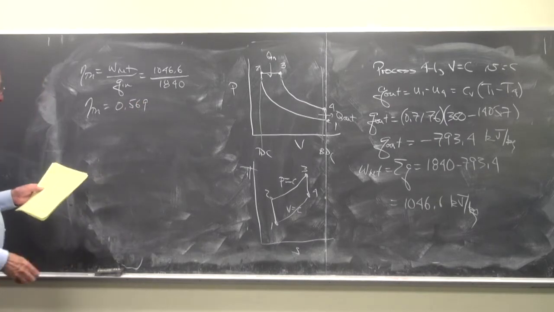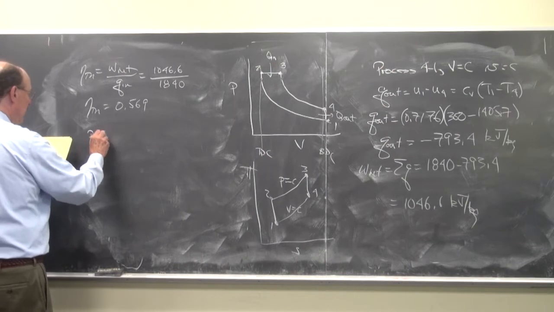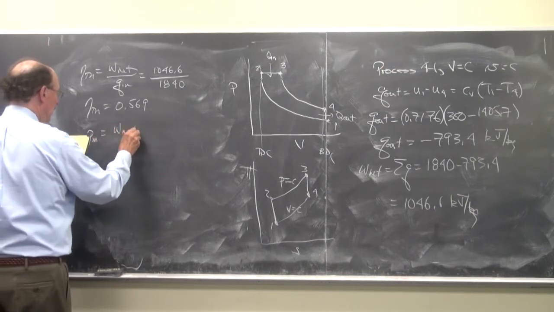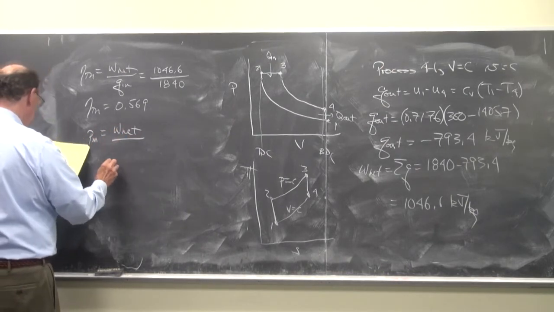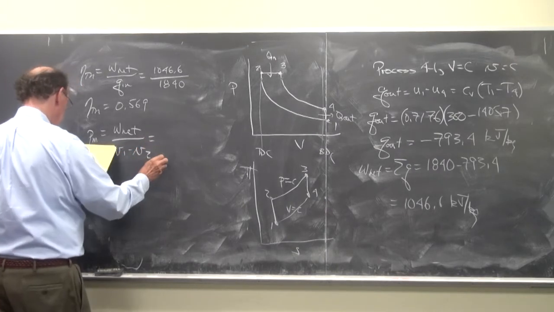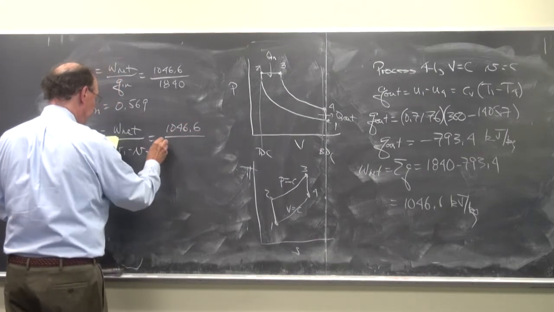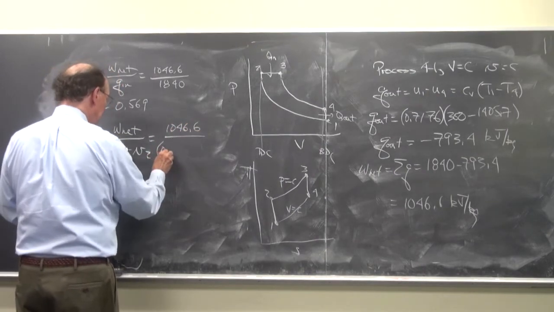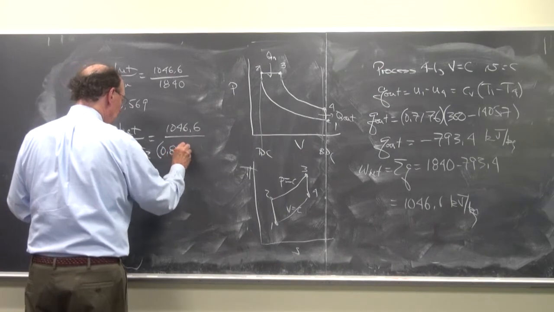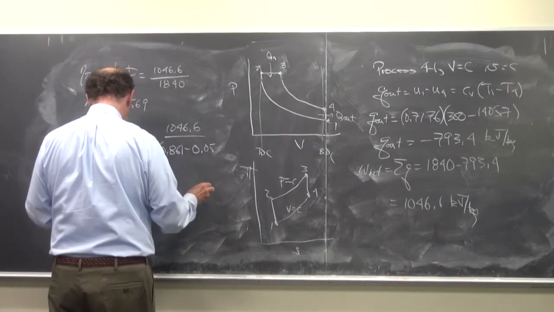In the mean effective pressure, just so we have another comparison, the mean effective pressure is W net over V1 minus V2, is equal to 1046.6 divided by 0.861 minus V2, 0.0538.